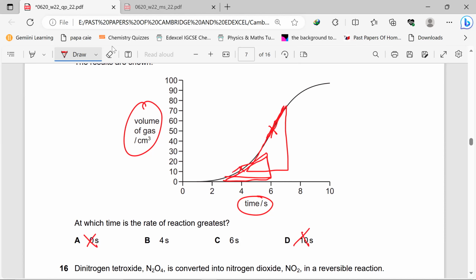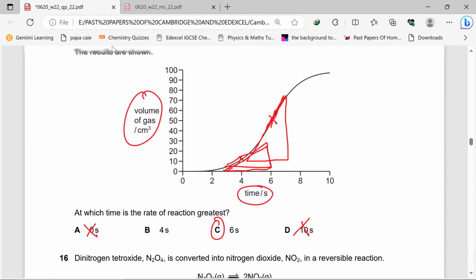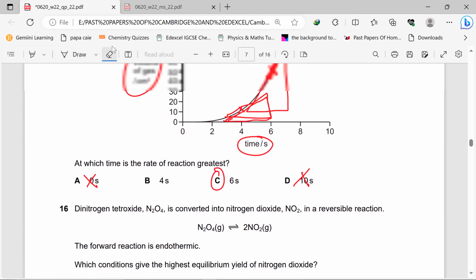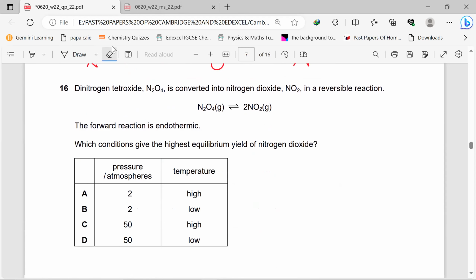So 6 is the only correct answer. Gradient is basically the rate. Gradient means slope, right? You need to take the slope and have a sketch of the slope, and you will easily understand. At 6 seconds, it was the steepest. So for question number 15, C is the only correct answer.